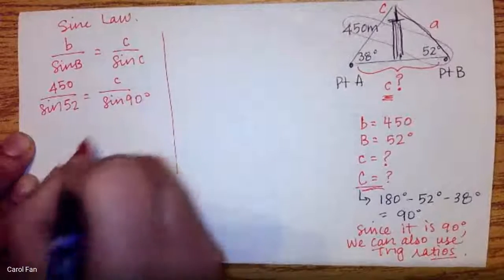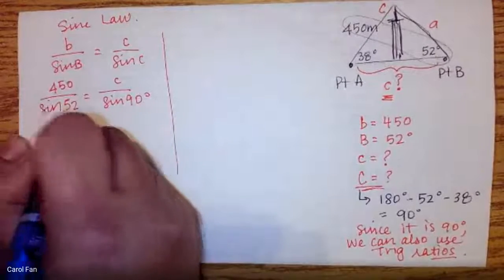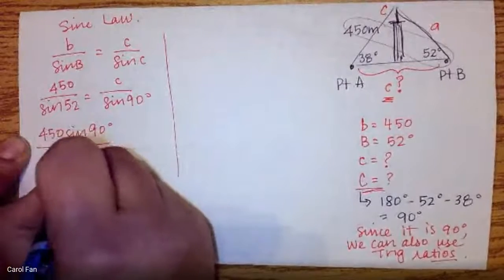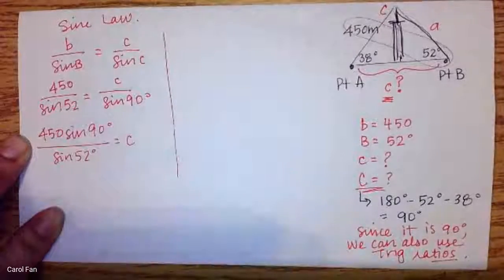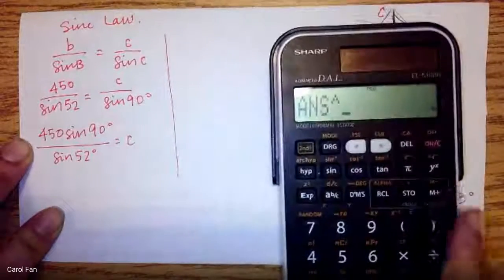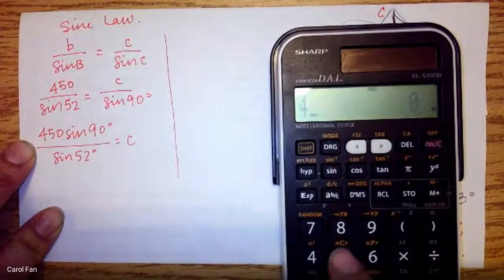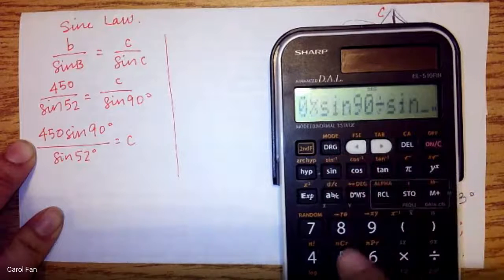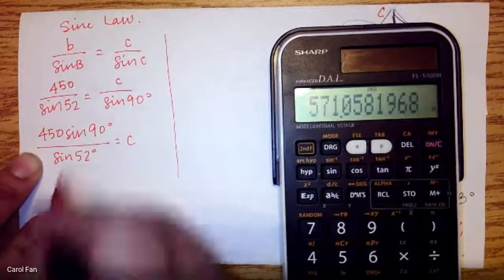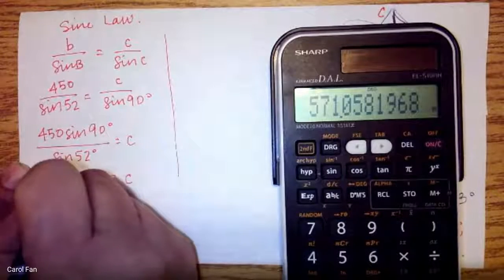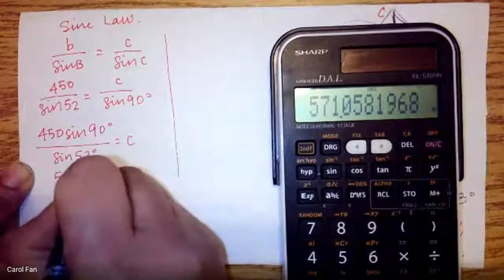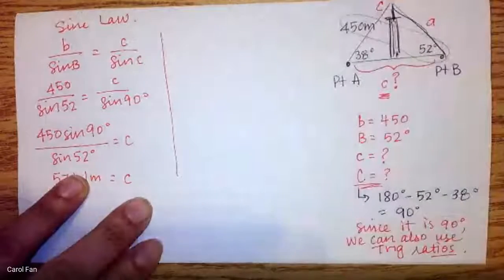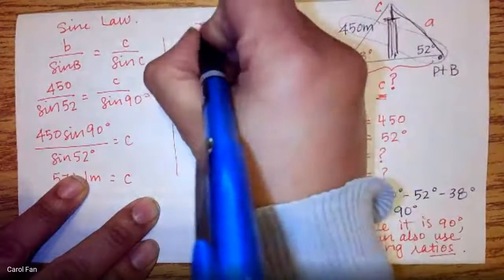Let's rearrange this by cross multiplying. I have 450 times sine 90, all divided by sine 52, and that's equal to c. Okay, 450 times sine 90 divided by sine 52. That gives us 571.1 meters.